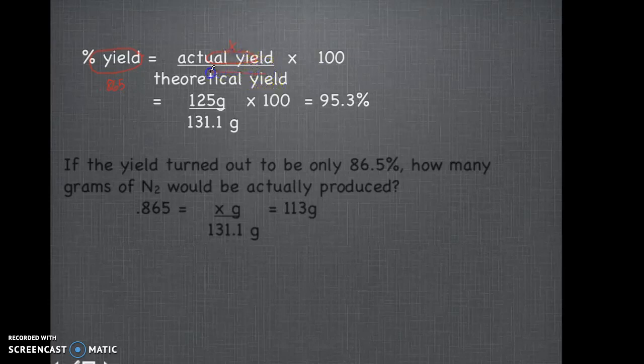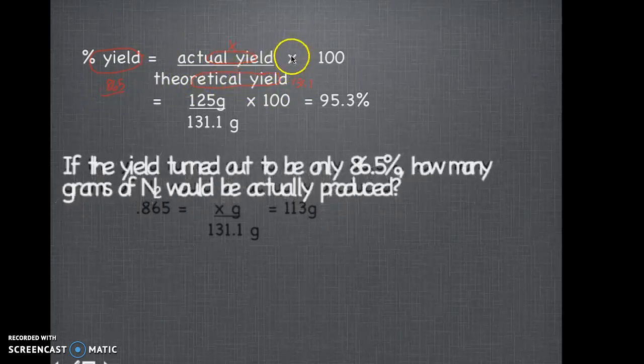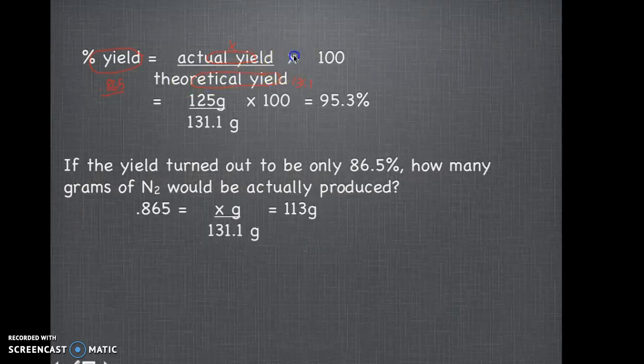The theoretical yield is still the same number that we got earlier. So remember how we got the theoretical yield of 131.1. Okay, so you're going to go ahead and plug all this into the equation. Again, since we turned the 86.5 into a decimal, we don't need to use this times 100 part right there.